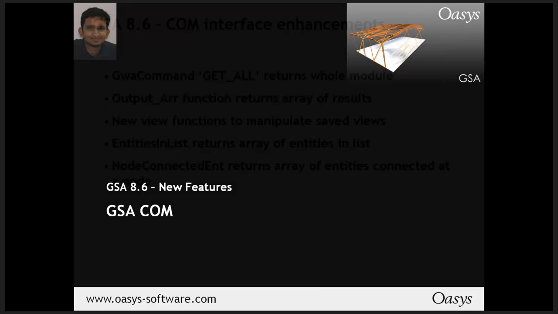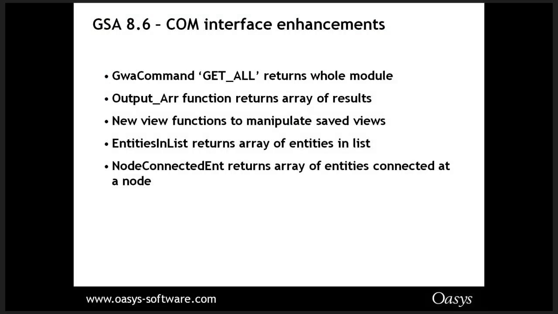Moving on to enhancements to the COM interface. For those of you who use a COM interface, you might have noticed the GW command works with single records of data. So if you want to retrieve node information, you have to iterate through all the nodes one by one, and that takes up a bit of time. It also means that you make lots of COM calls, one per node, for example.